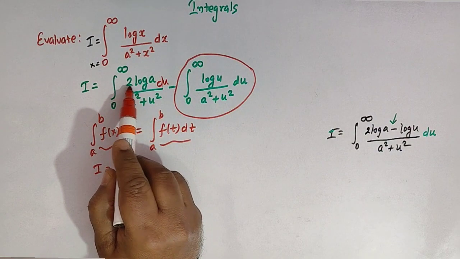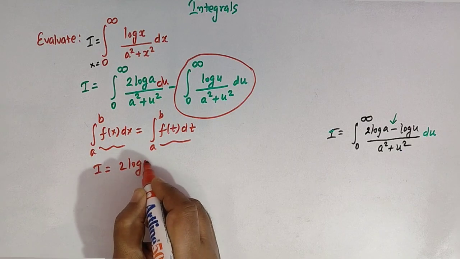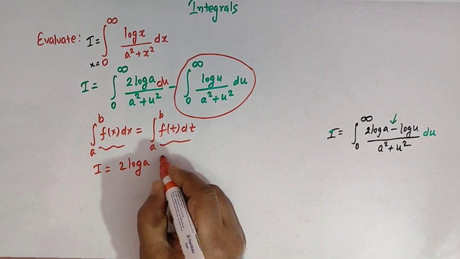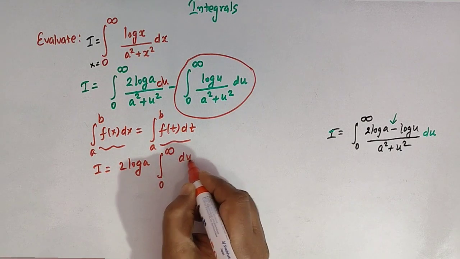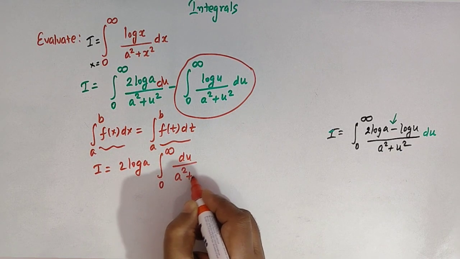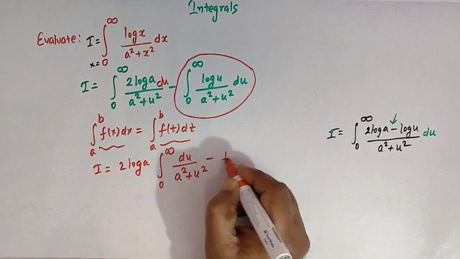So we have 2 log a, which being a constant we can take outside, and here we have the integral from 0 to infinity of du over a square plus u square, and here we have I, right?